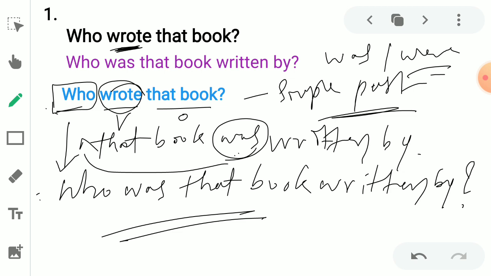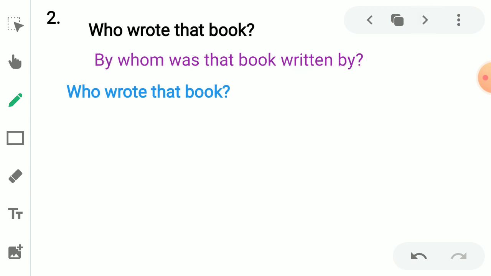Let us go to another method. Who wrote that book? The same sentence with a different answer. What we have to do here is take wrote as the verb and take the object first, that book.